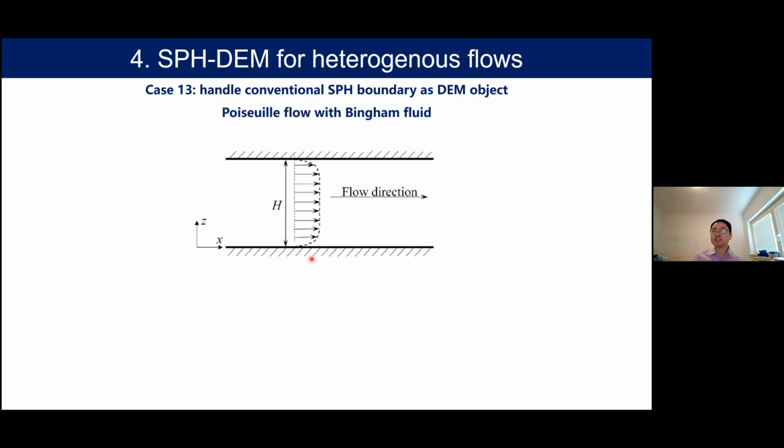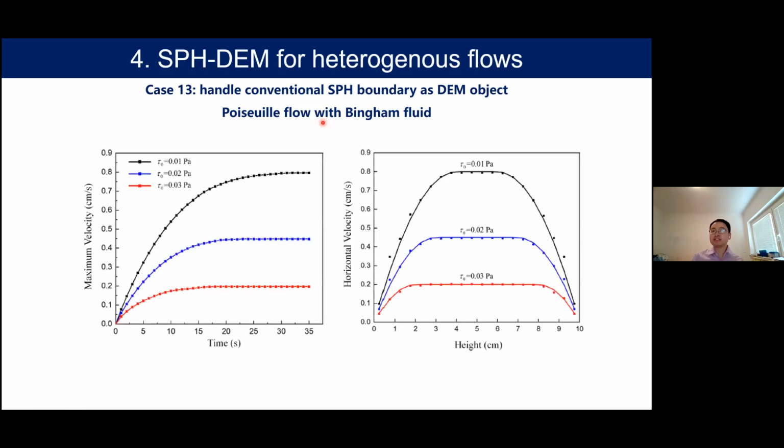So here is a very simple flow with a Bingham model fluid, and it has an analytic solution. And you can see that here we reach the analytic solution quite good, and the velocity distribution is also quite good, except the area near the surface.